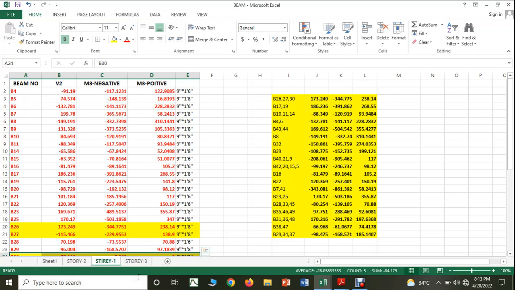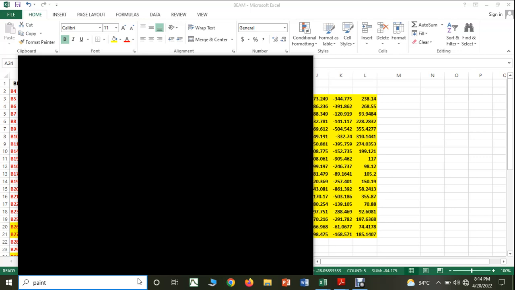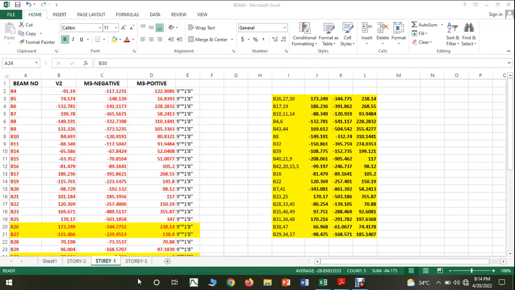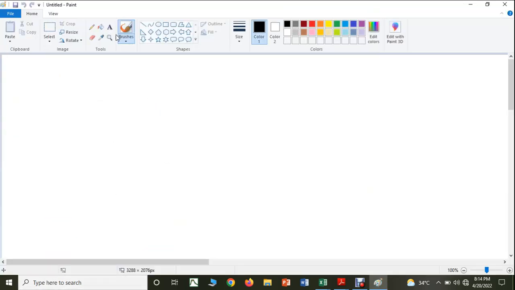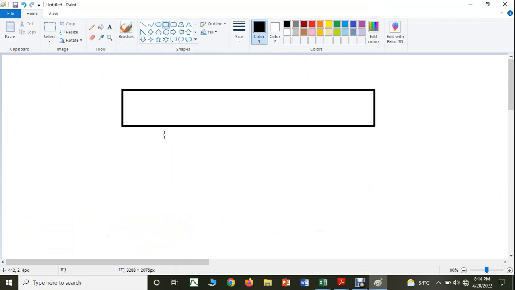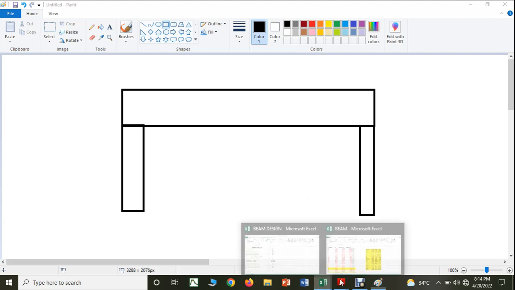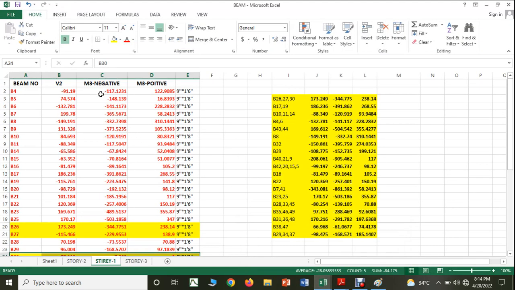Before I move on to that, I would like to make something very clear. When I take up a beam like this, and this beam is resting on a support like this, usually keep it in mind, students, the negative bending moment will always be developed at the support.